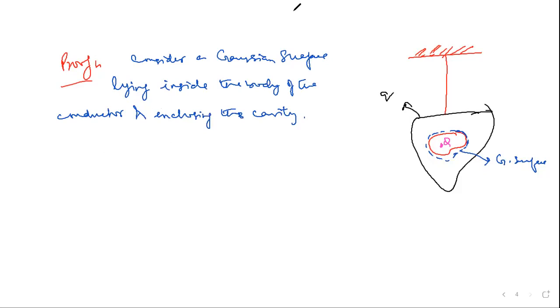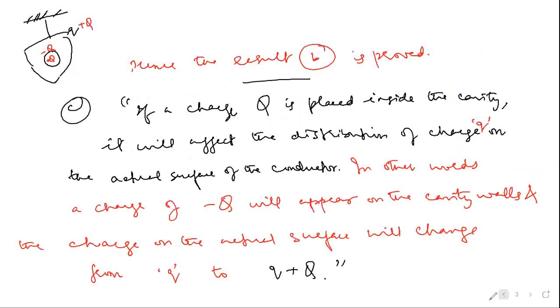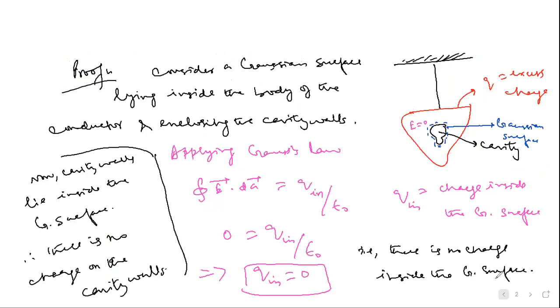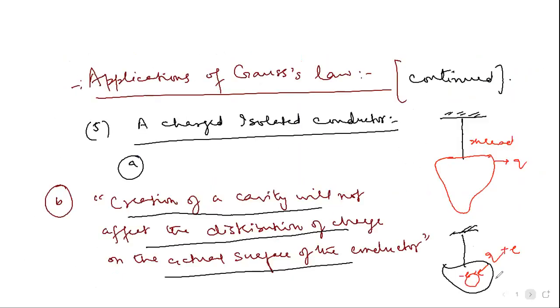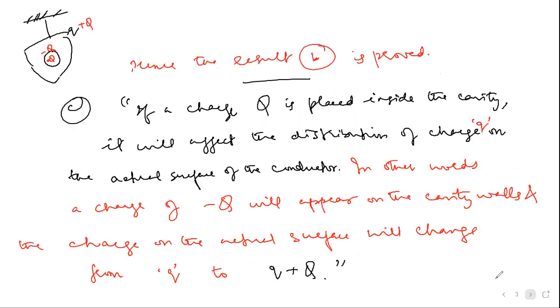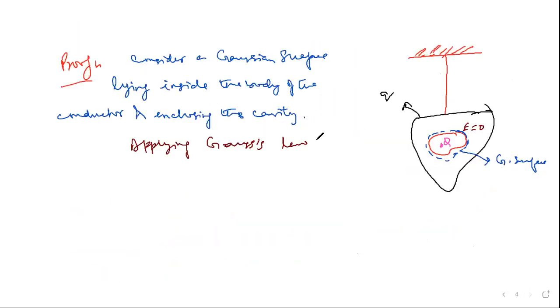Now what is next? Applying Gauss's law. The field is 0 inside the conductor, right? As we know from our previous results. Applying Gauss's law, closed integral E dot dA is Q enclosed by epsilon naught.